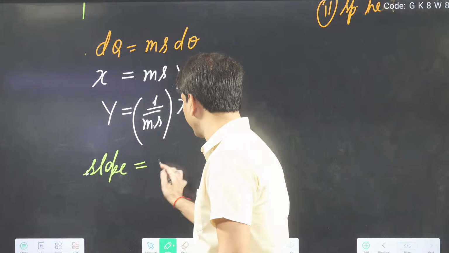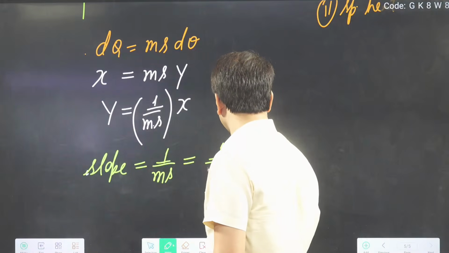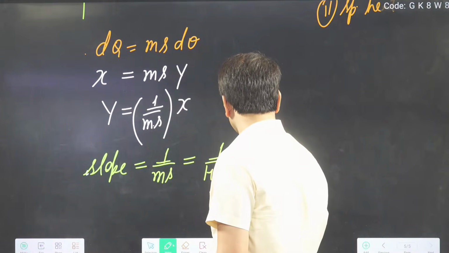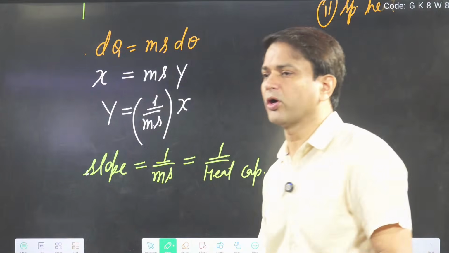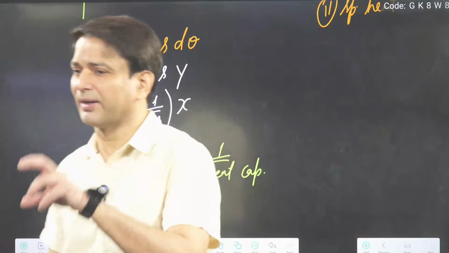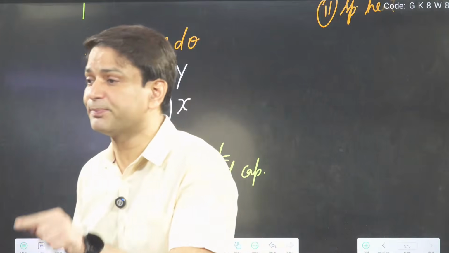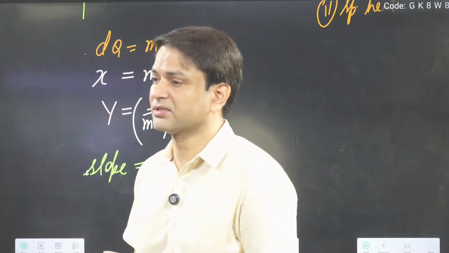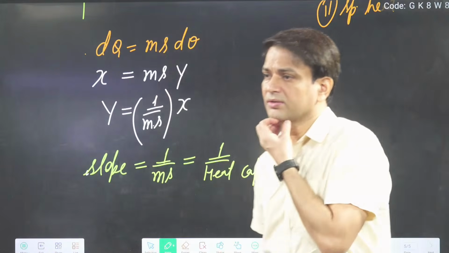Slope is equal to 1 by ms. 1 by ms means 1 by heat capacity. So remember that if we are plotting the heat on the x-axis and the temperature on the y-axis, then the slope of the straight line will be the reciprocal of heat capacity. Everybody got this or not?